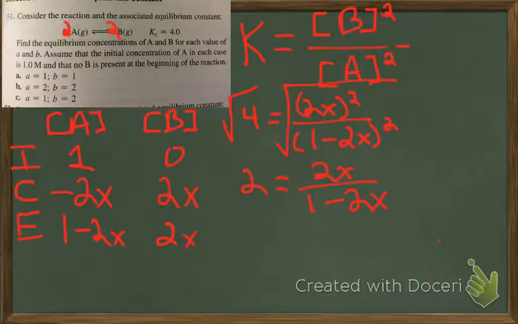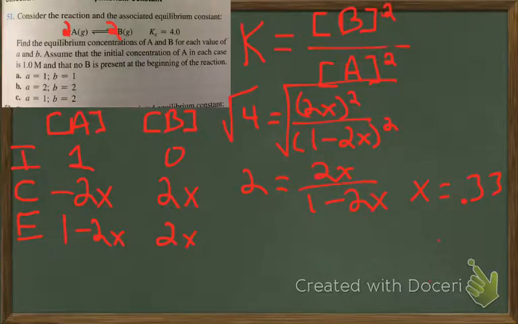I just went through the steps in the last one, so I'll just tell you that x is going to equal 0.33. You already know how to solve that algebraically, though, right? Because you all got A's in algebra years ago.